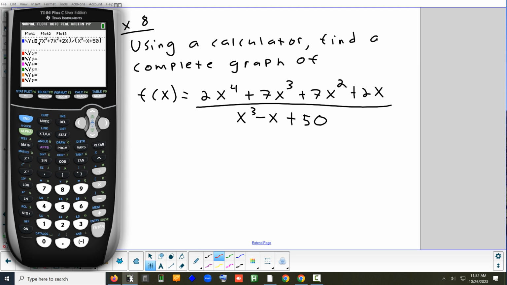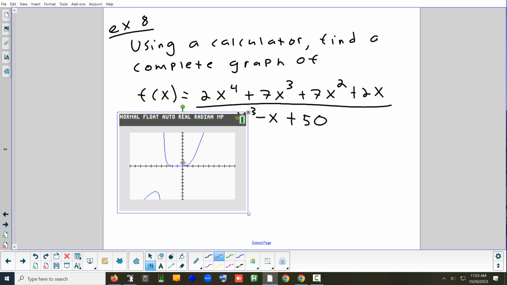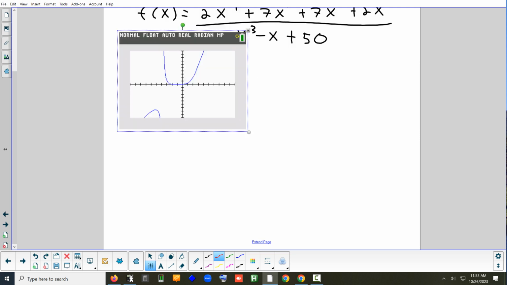What kind of asymptote would you expect there to be in this one? A horizontal, slant, or quadratic? Yep, there should be a slant. All right, let's do zoom 6. When I look at that, I'm not quite seeing the slant yet.